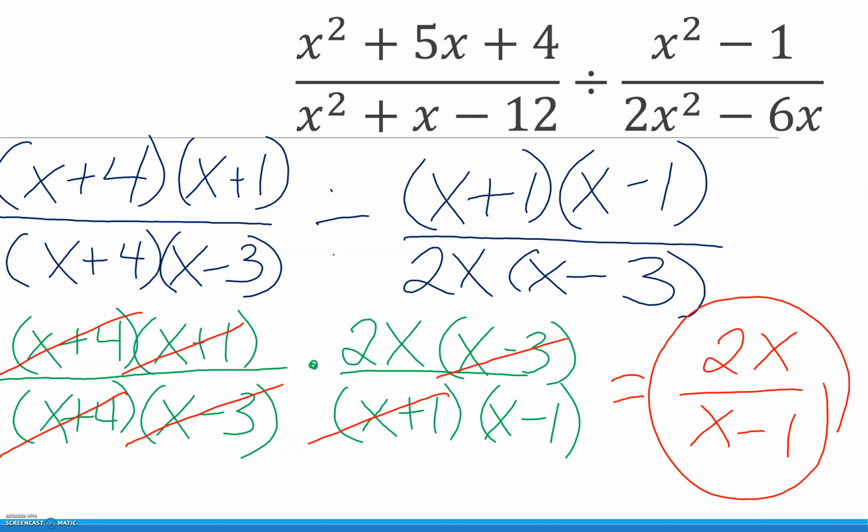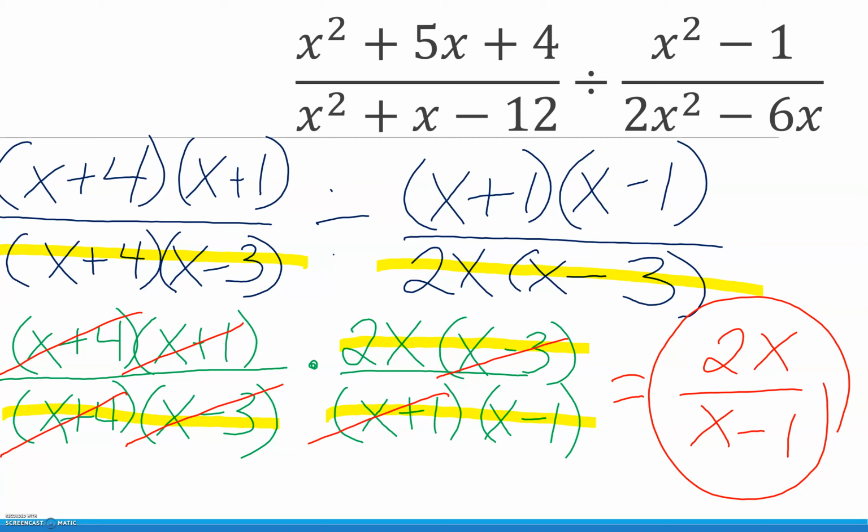Now let's talk about the restrictions. So for the restrictions, I want to go back to that original problem here. So we have this denominator and this denominator. So once we flip it, here's the same denominator, but that second denominator is now in the numerator of the second, and we also have to look here. So as far as the restrictions go, we have to look at all 3 highlighted areas.